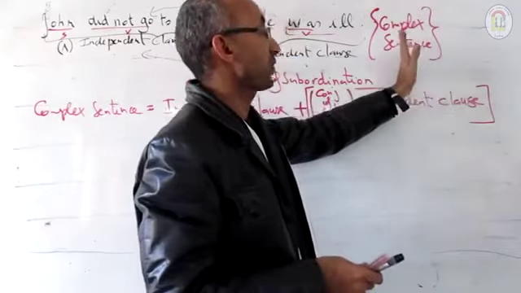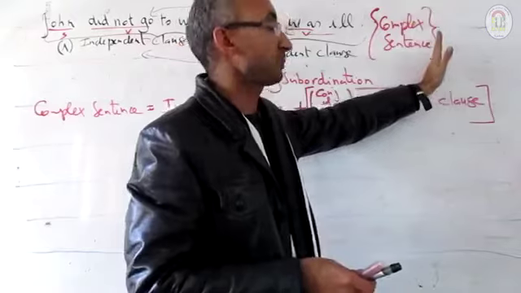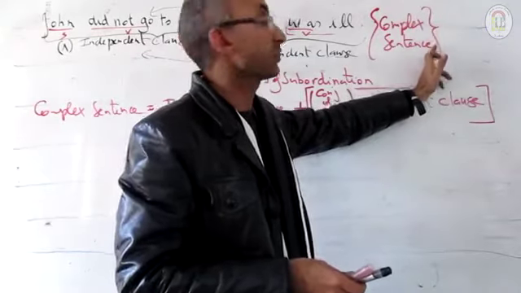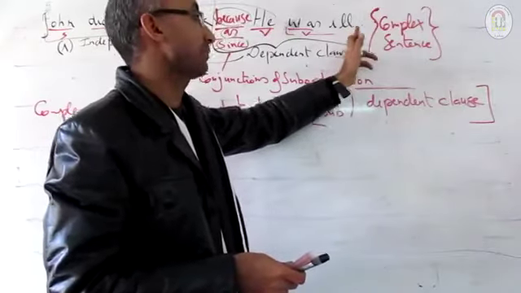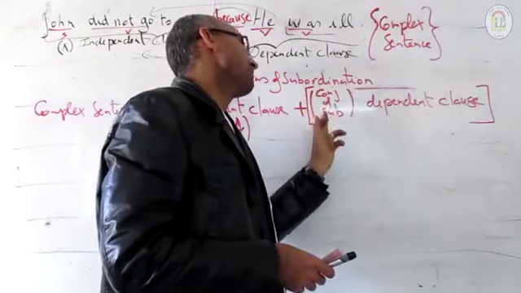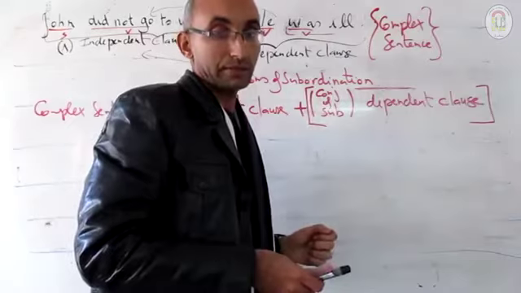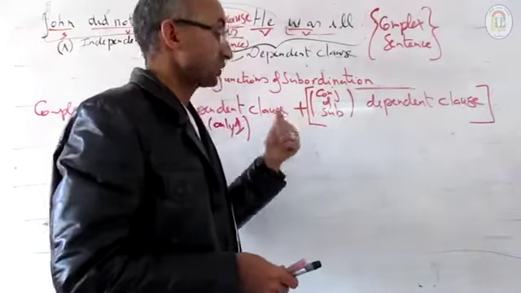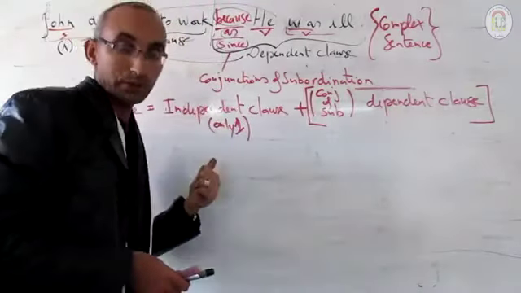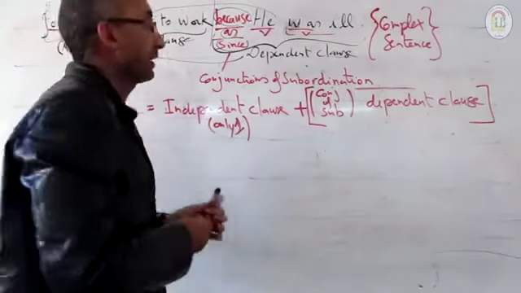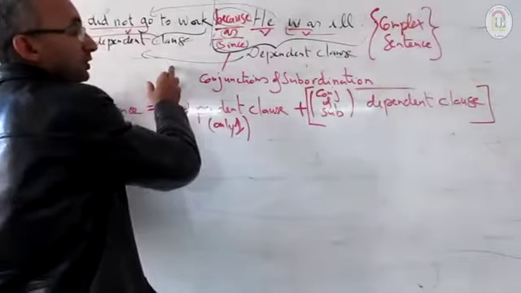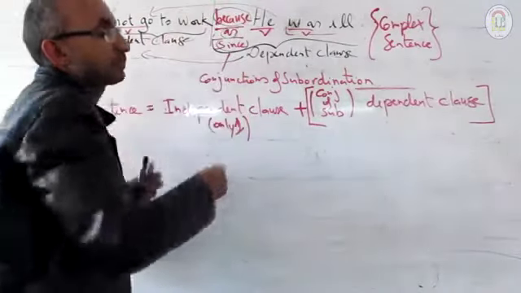Alright, so here I have a third clause which is dependent and also joined to another one by means of this conjunction of subordination. So in fact, this is the first way how to form my complex sentence, and the first way how I can join my independent clause to another which is dependent.